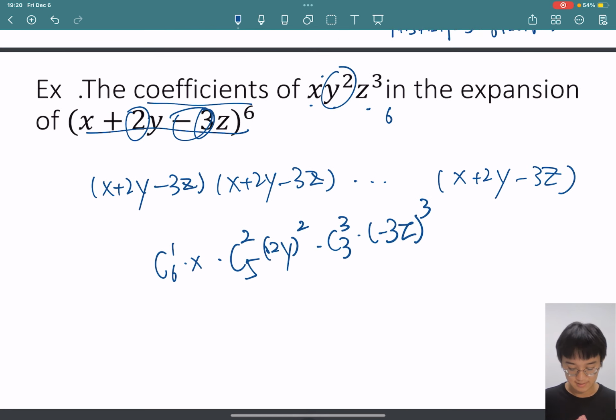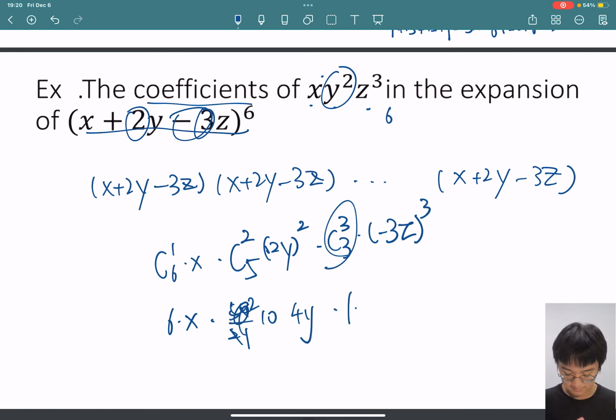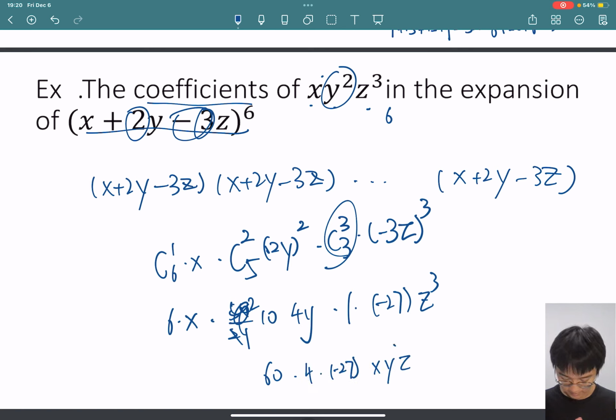So we can compute this. This is 6 times x, times 10 from C(5,2), and this is 4y squared. This is 1, and this is minus 27 z cubed. So this is 60 times 4 times minus 27 x y squared z cubed.